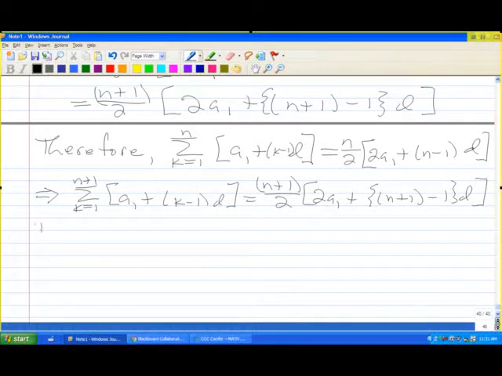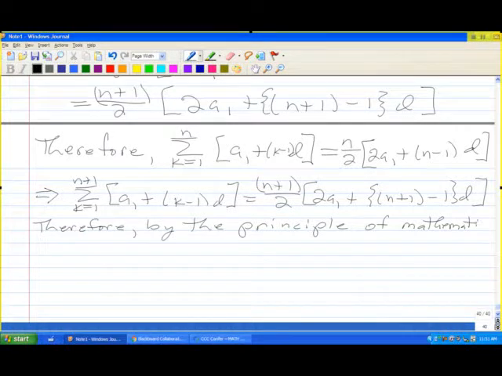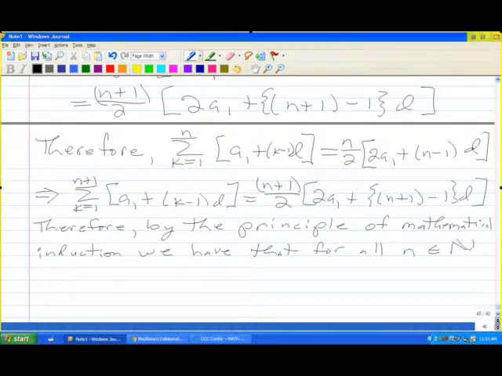So therefore, by the principle of mathematical induction, we have that for all natural numbers n, the following formula works.